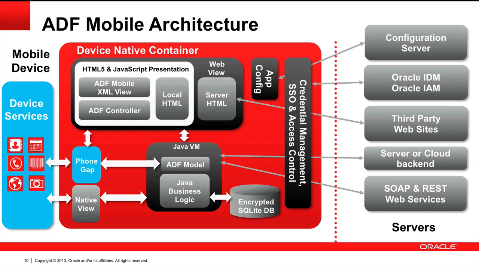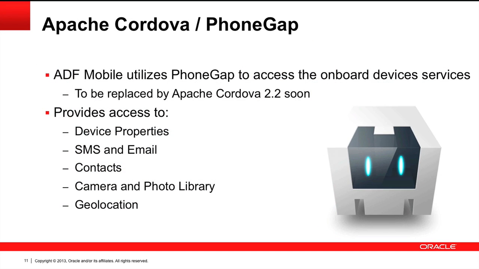So we're very much interested in the PhoneGap solution because it has the true power of how ADF Mobile gets to those services. As I mentioned, we currently use PhoneGap. Now, PhoneGap, through a long process of company acquisitions, has been acquired by Adobe, and the organisation who did that has released PhoneGap as an open source project to the Apache Foundation called Cordova.